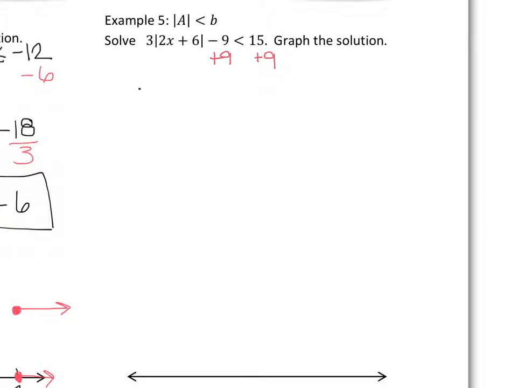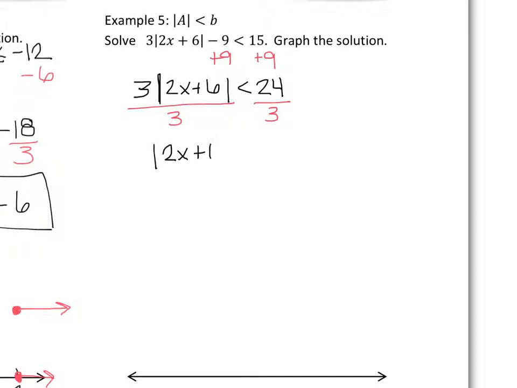So 3 times the absolute value of 2x plus 6 is less than 24. Now what was the 3? Divide. Again, we don't have to flip the sign because it's positive. All right, now looking at it, is it going to be or, or and?